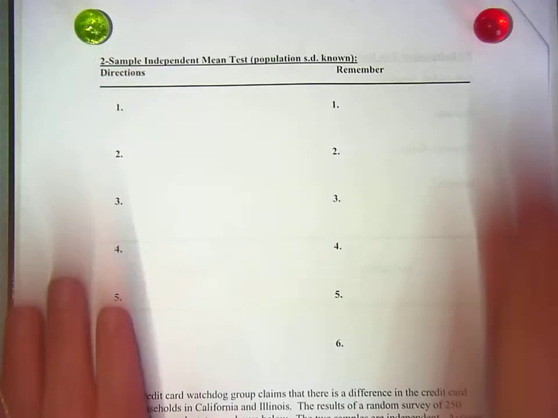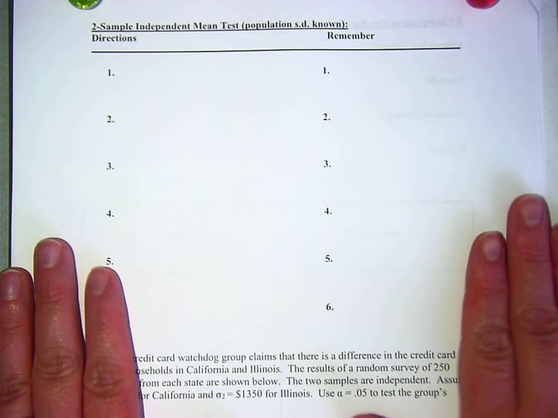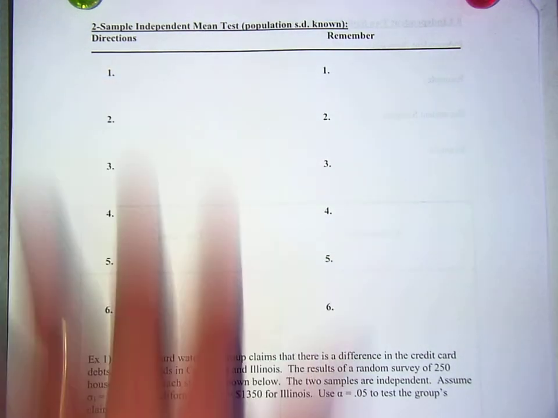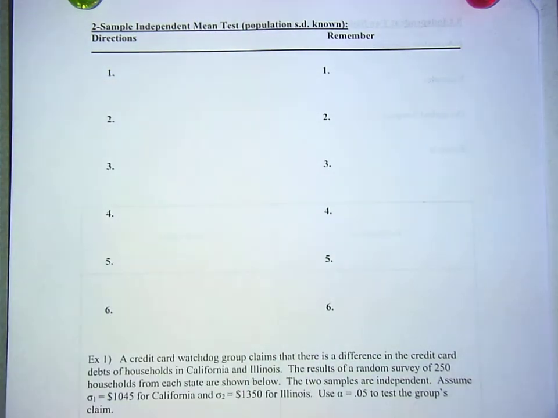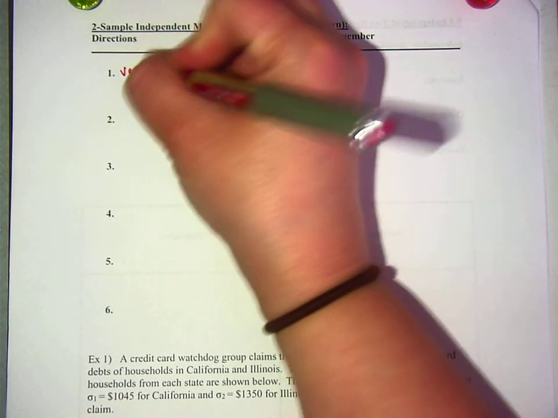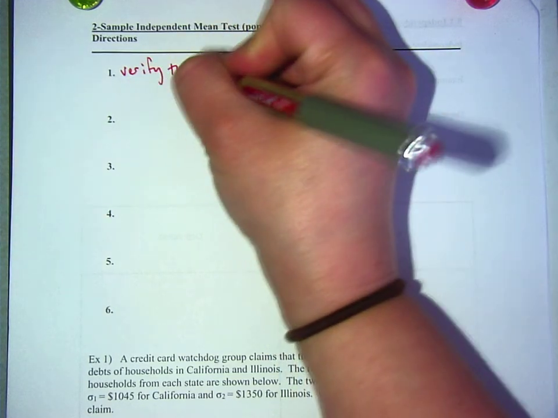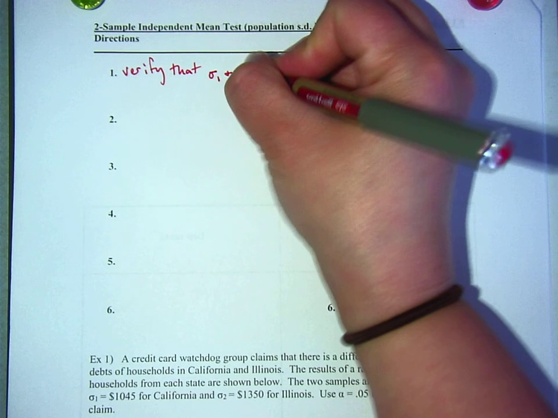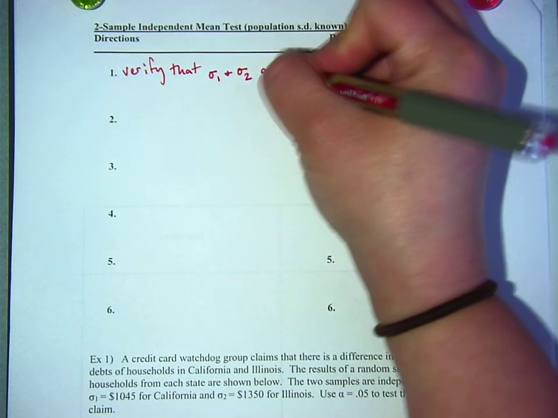All right. 2 sample independent mean test. So here we go. We're just going to do a quick one of these. And then I am going to go through the 2 examples with you and we'll be done. Okay. So first you have to verify that sigma sub 1 and sigma sub 2 are known.